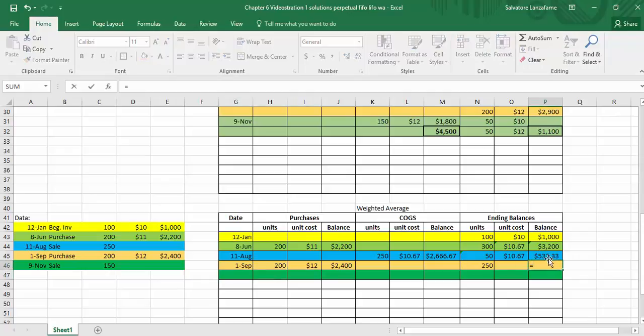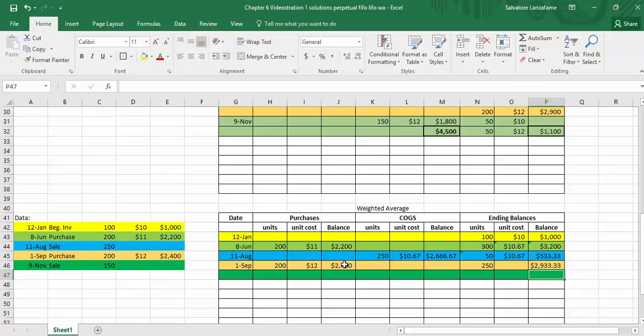Take our old dollars and add our new dollars, and we're up to 2,933.33. Let's now do the division. 2,933.33 divided by 250 units, and now our average inventory unit cost is approximately $11.73.